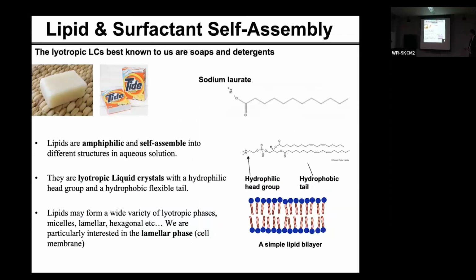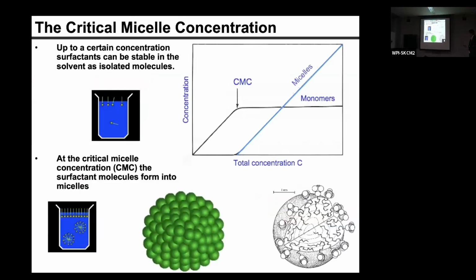And I already mentioned that many molecules from our daily life have this structure. And in the right conditions, somewhere in between our hands during washing, there is likely some liquid crystallinity taking place. You're not perhaps detecting it, you don't have a microscope, but it's very likely the case.